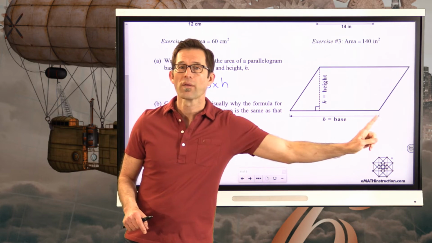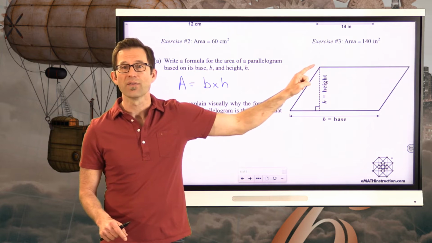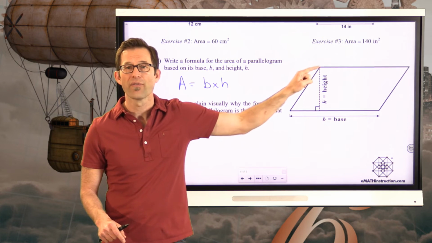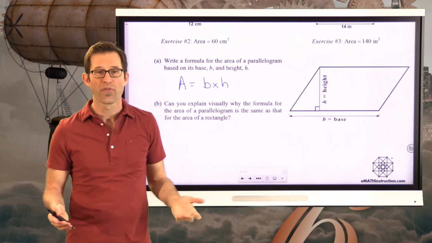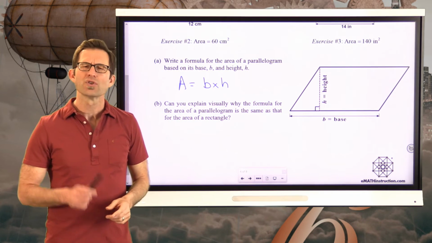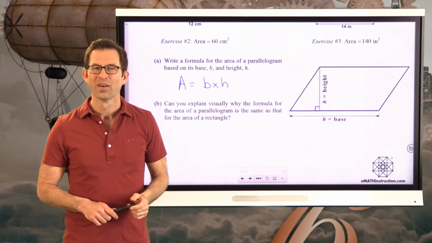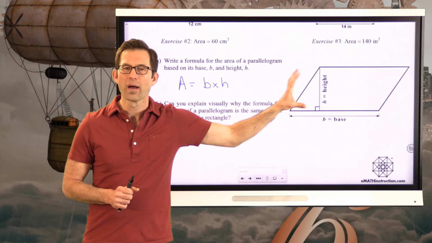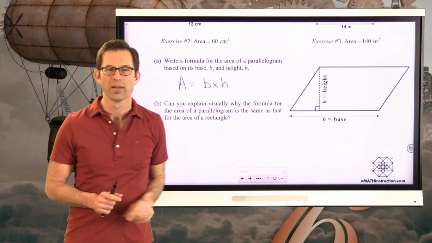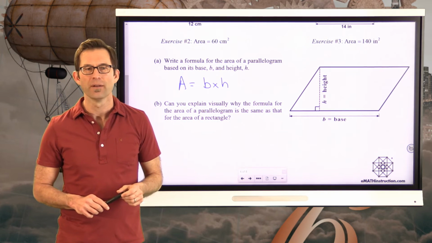The base being one of the side lengths, and then the height being the distance between that side length and the one that's parallel to it, right? It's really the same thing as the rectangle. So can you see visually why that's true? Think about cutting this parallelogram up and rearranging it. Pause the video now and think about that a bit.